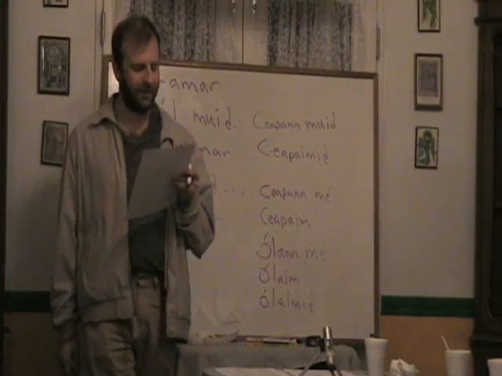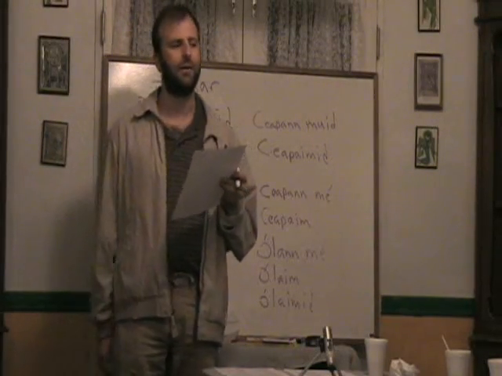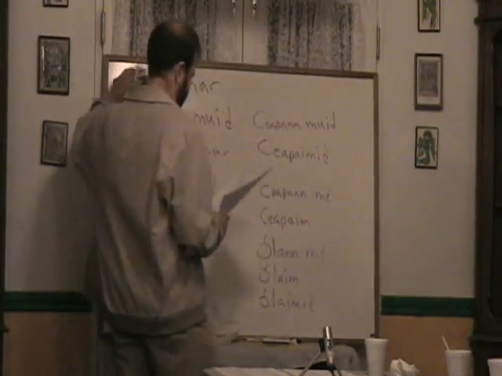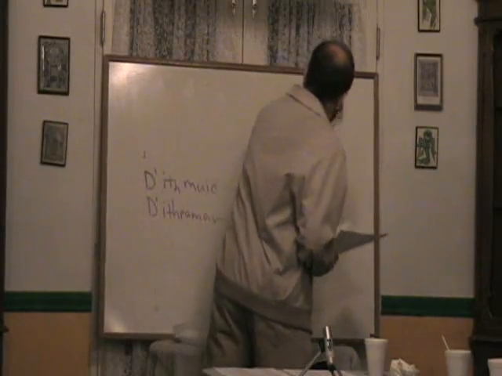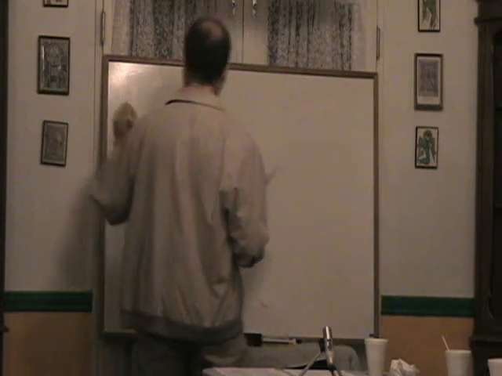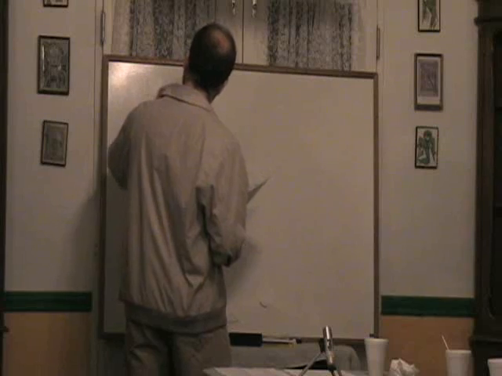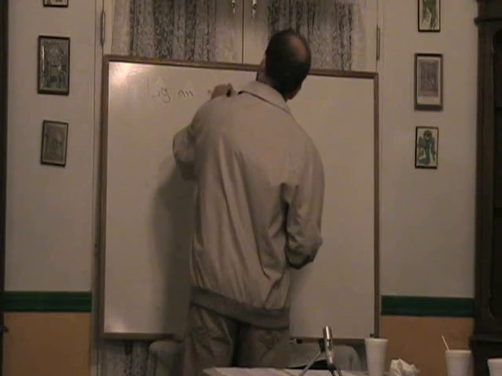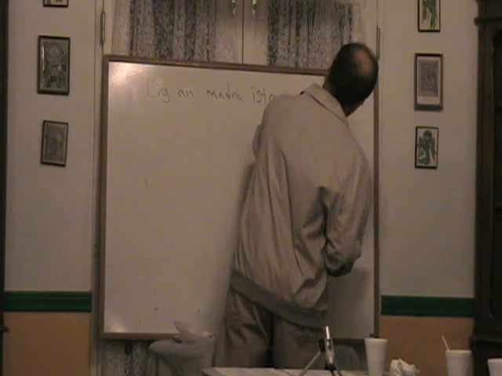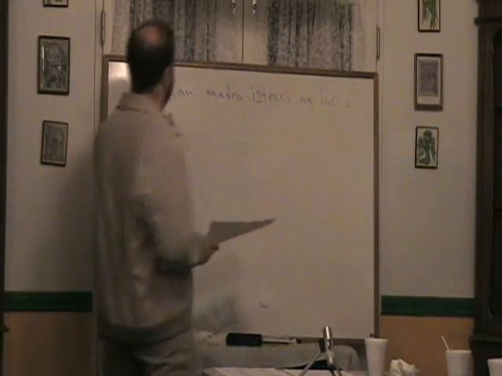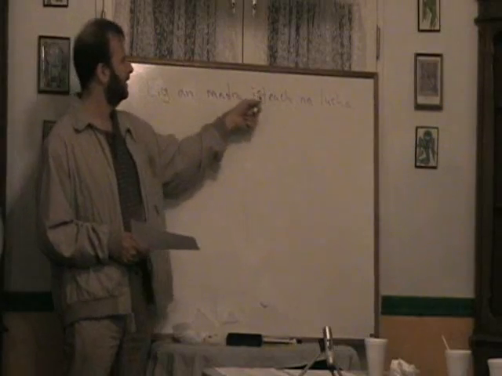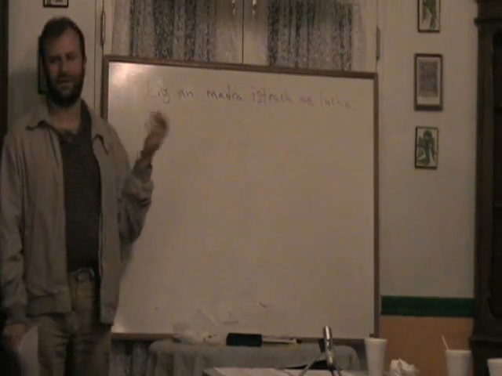So lig an madra, the dog let, is chach is in, na locha, the mice. Okay, so the dog let the mice in. Lig an madra is chach na locha. So let the dog in the mice. Okay, so the dog let the mice in.